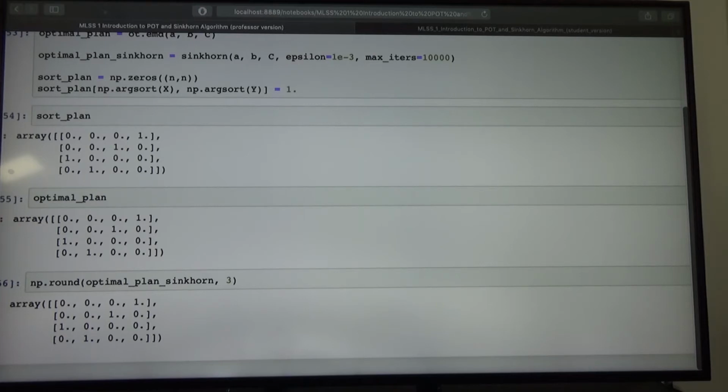Okay? So if you ever need to compute stuff with a small epsilon, you should use the stabilized version of Sinkhorn. And sometimes on real data, small epsilon is not that small, actually. So it could be useful in practice.